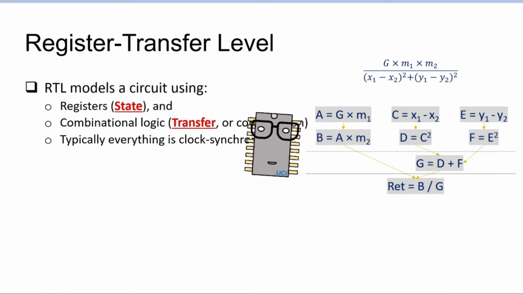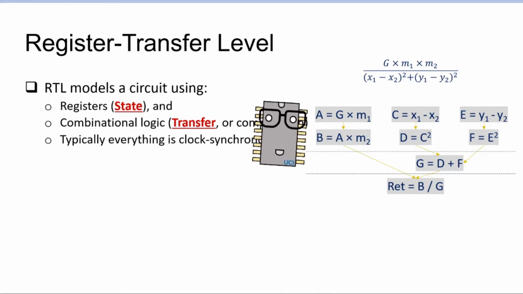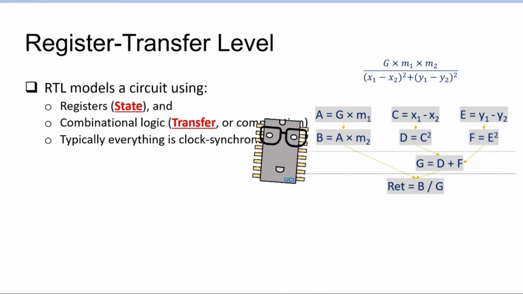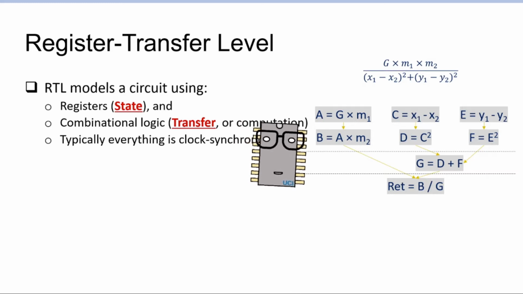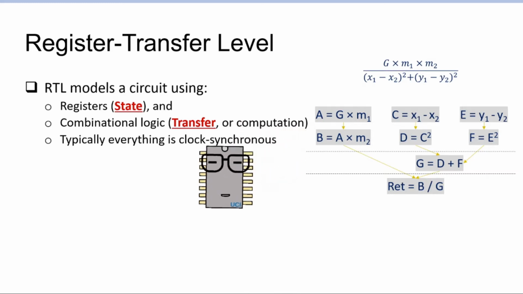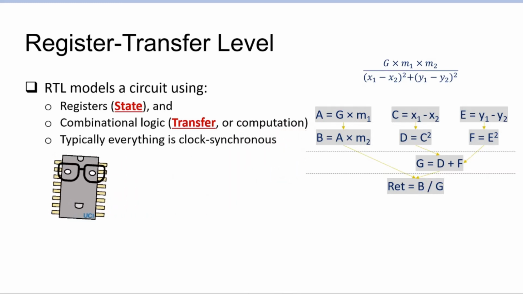So it might make sense to have a pipeline architecture that does two multiplications in one stage, one addition in another, and one division in another. So say we decided to design this computation in a three-stage pipeline architecture.